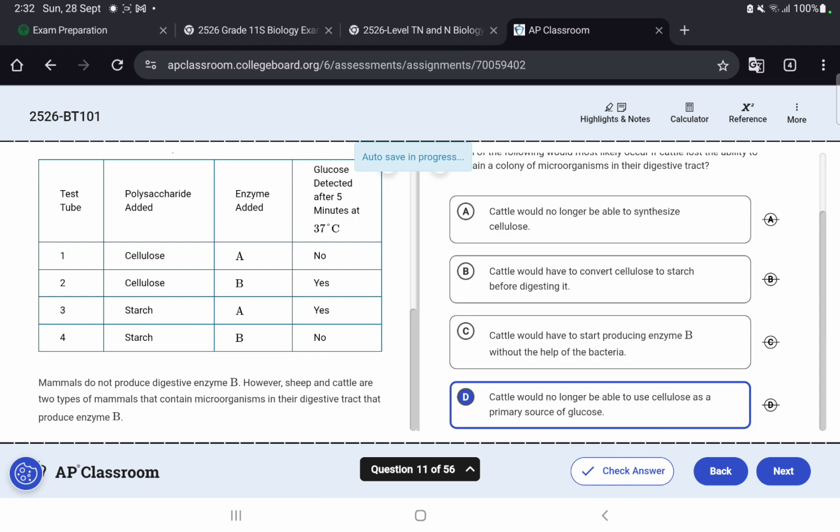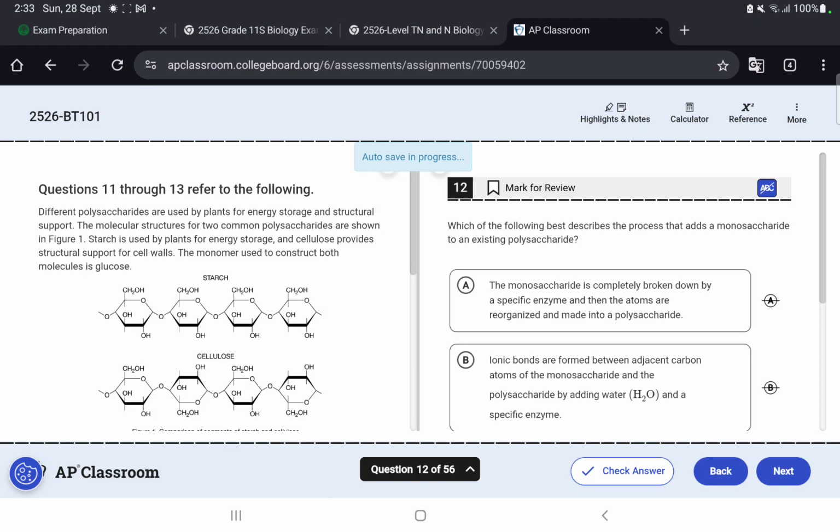To obtain the glucose, we need an enzyme to attach itself to cellulose or starch and break it down into glucose for us to actually use. If the cattle doesn't have the microorganisms, it can't produce enzyme B, which means that it can't use cellulose as a primary source of glucose. Okay, that is the correct answer.